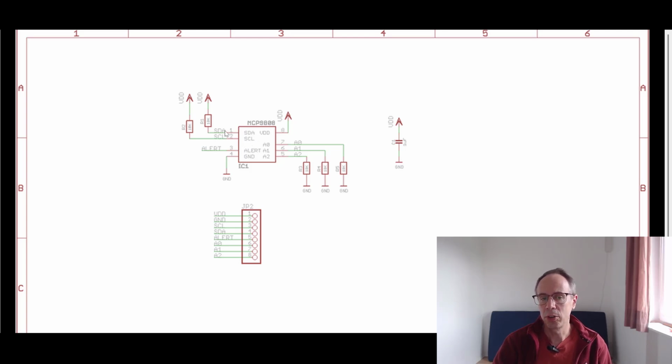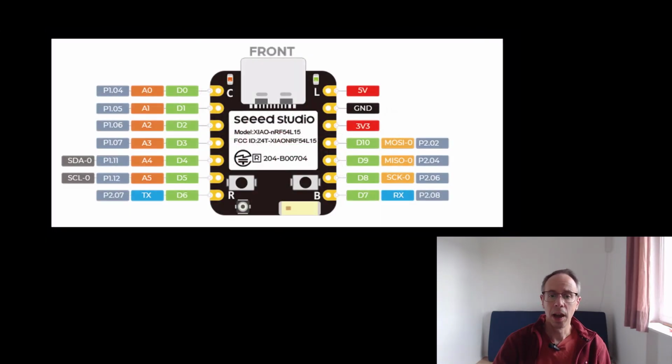With the board we also already have the pull-up resistors included here, so we don't have to take care of this either. How do we now connect our sensor with the XIAO board? We have here our ground, which we can use for the sensor, and our 3.3 volt connection here. The pin P1.11 we're using for SDA.